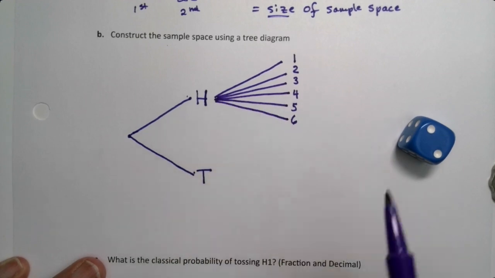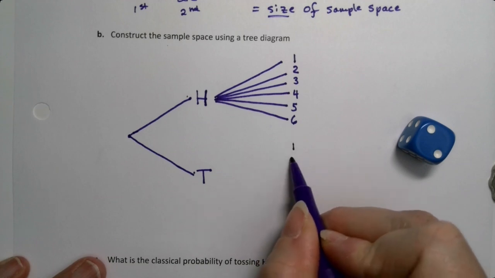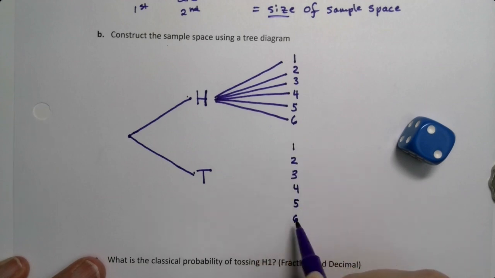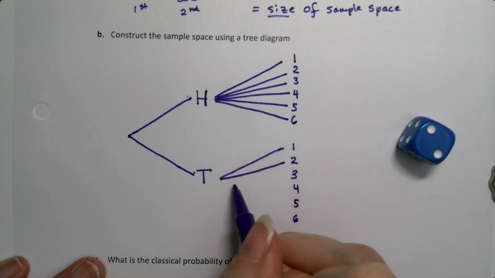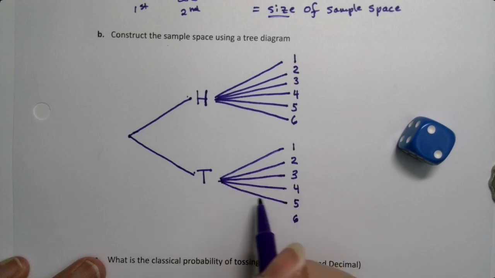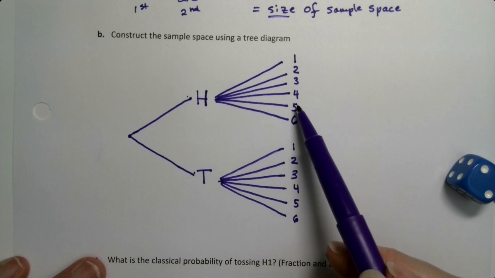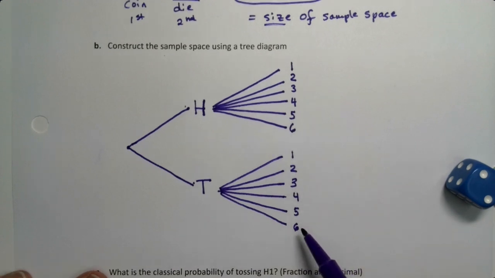These are called branches. But it also could come from the tails. So you have to make another 1, 2, 3, 4, 5, 6. And make it branch from the T to those values. And by the time we're done, we have 6, 7, 8, 9, 10, 11, 12 outcomes, just like we said we would.